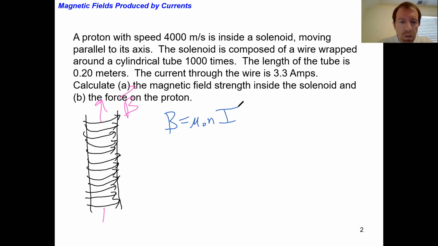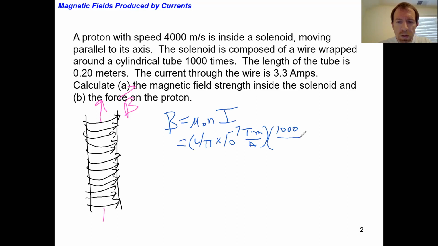I can figure this all out pretty quickly. Mu naught is just 4 pi times 10 to the negative 7 Tesla meter per amp. That small n is going to be the number of times my wires are wrapped around divided by the length of the cylinder.